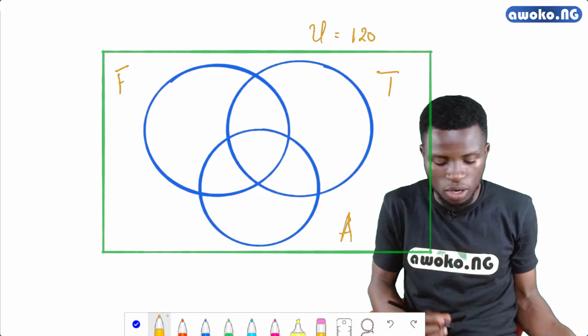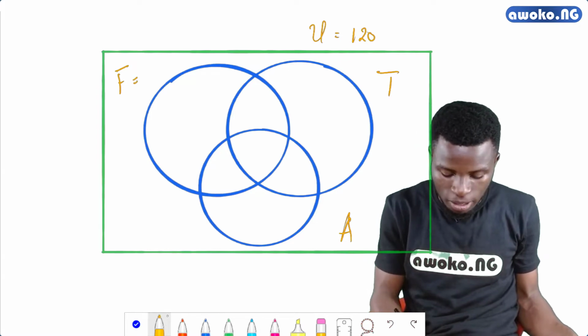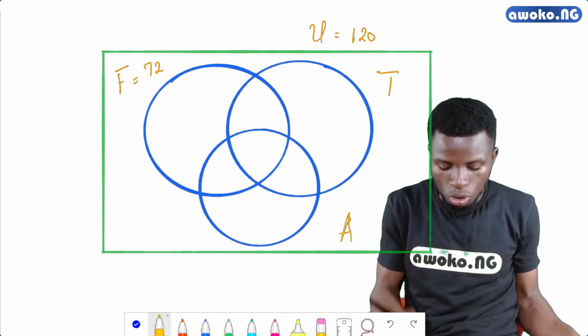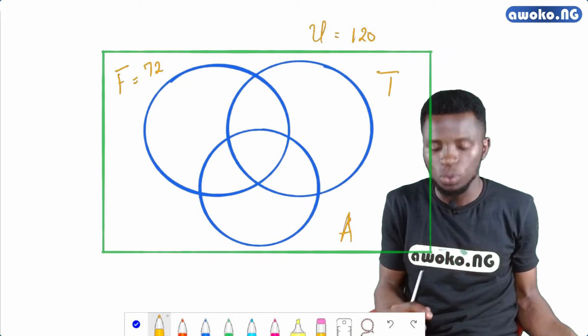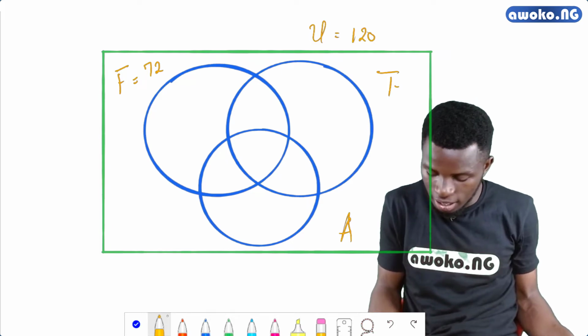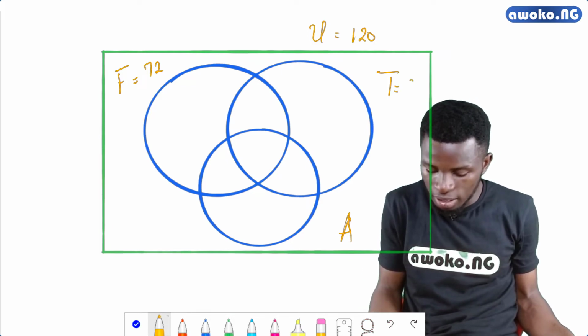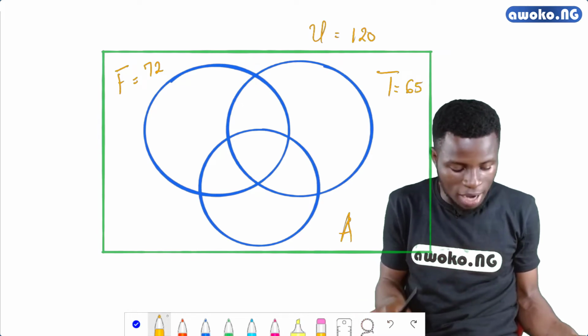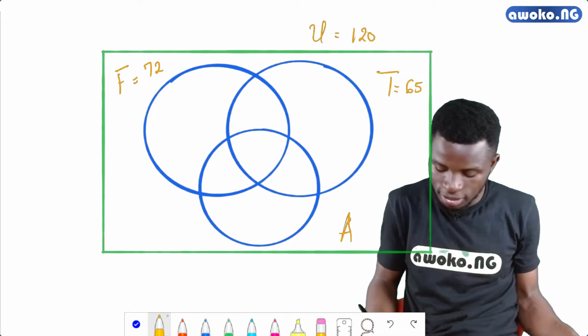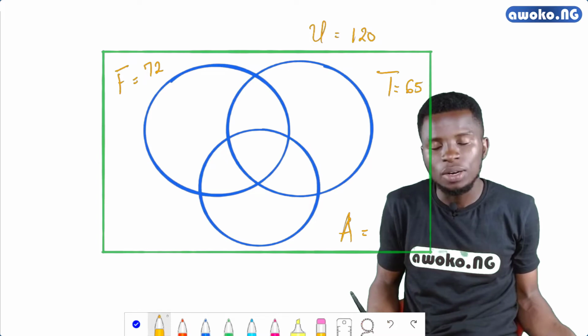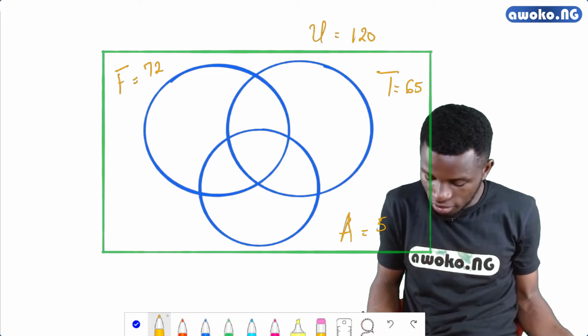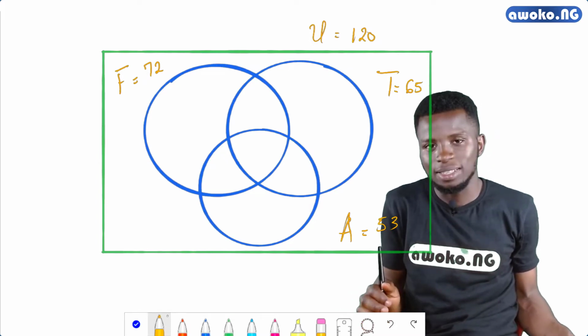From the question, 72 customers banked with First Bank, 65 banked with Trust Bank, and 53 banked with Access Bank.